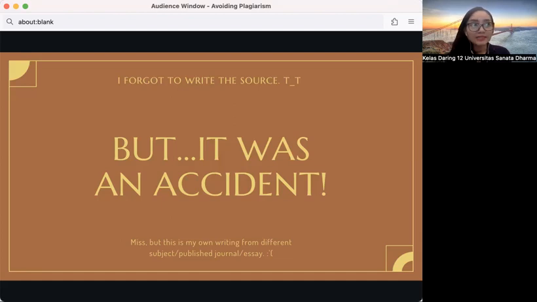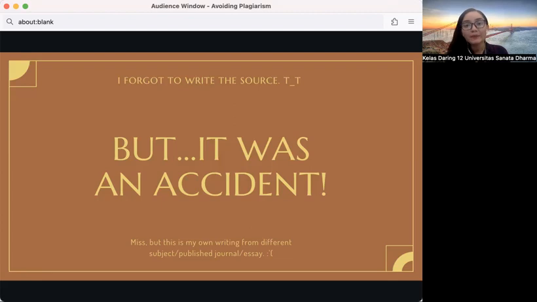Sometimes a student mentions that they forgot to write the source, or that they thought it was their own writing from a different subject or a different published journal or essay, but that doesn't matter.